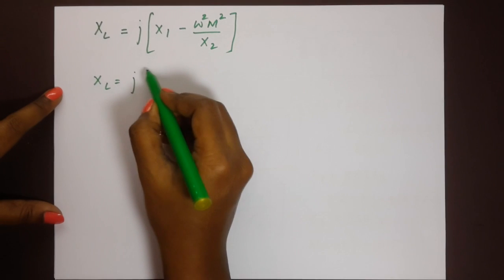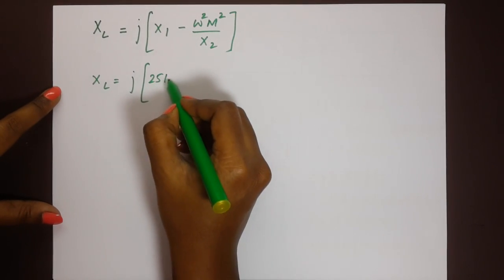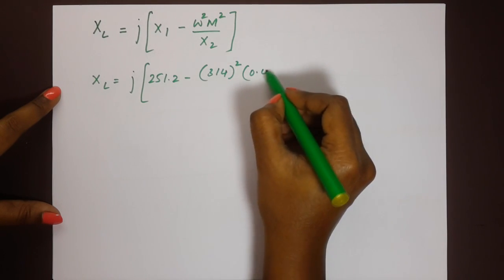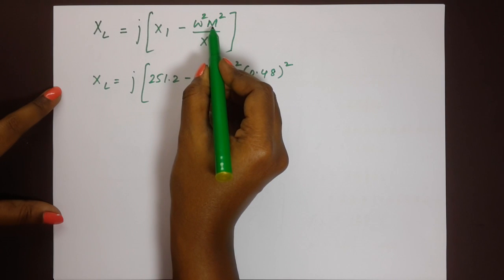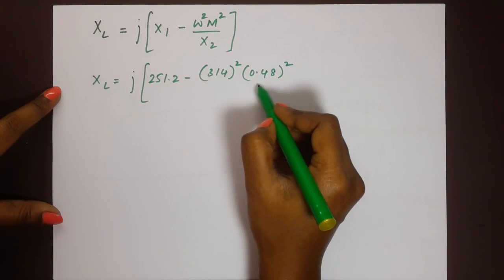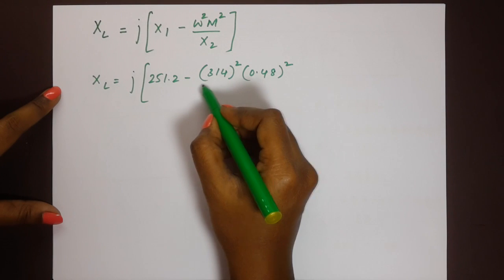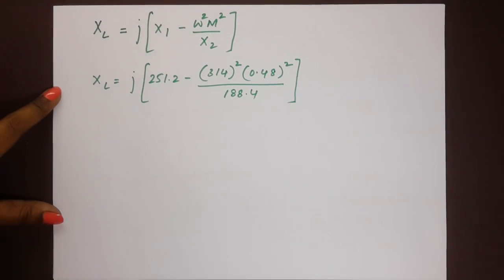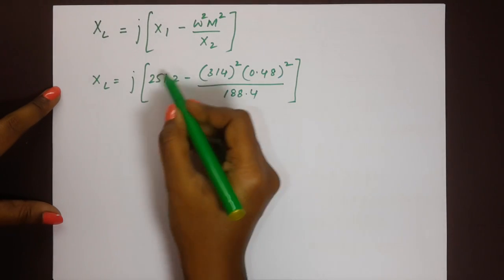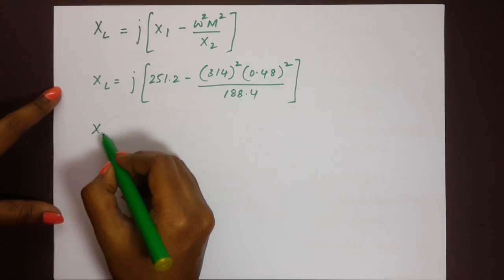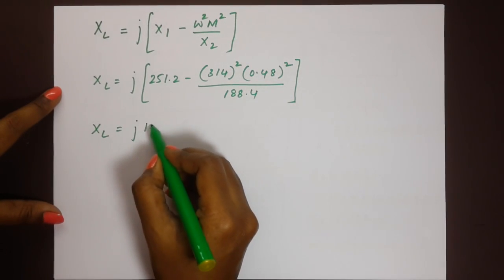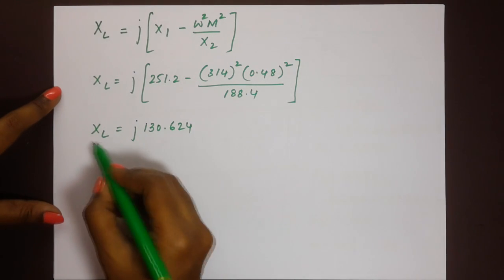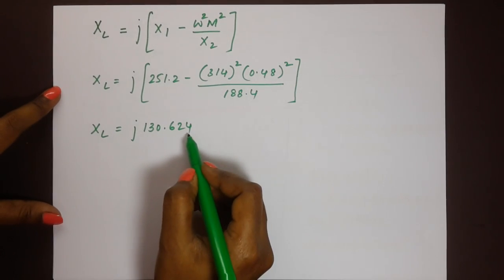XL is equal to j into 251.2 minus 314 square times 0.48 square, because mutual inductance is 480 milli, which can be written as 0.48, divided by 188.4. Okay, so I leave the solving part of this to you, and this gives us XL is equal to j130.624. Once you solve this entire thing, we get XL is equal to j130.624.